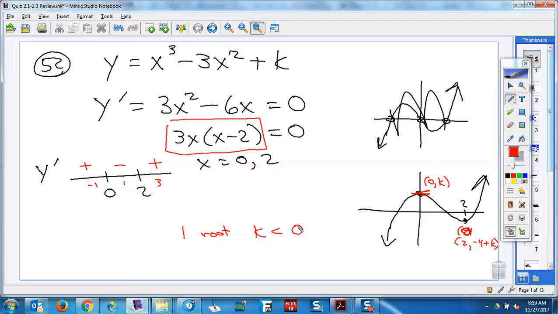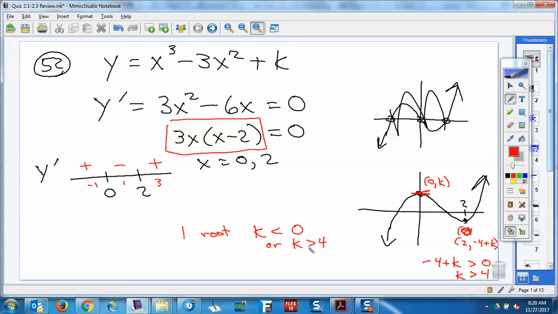So when this y value, which is -4 plus k, is greater than 0, which means when k is greater than 4. So when k is less than 0 or k is greater than 4, I know I'm going to have one root. So that was the thought process on that.